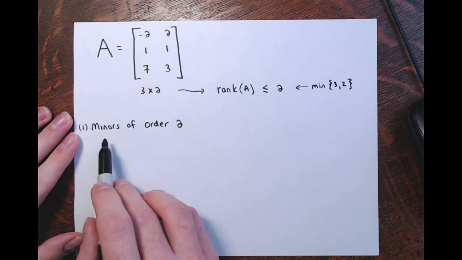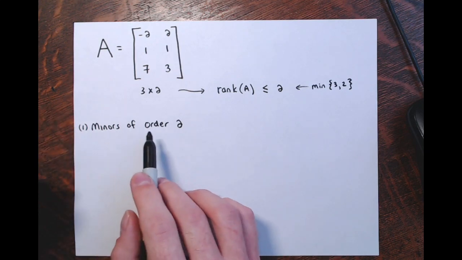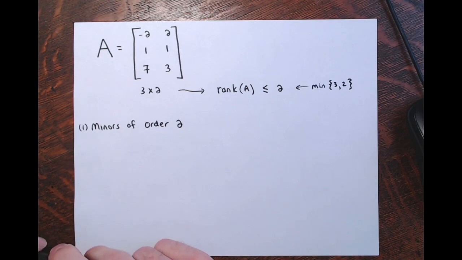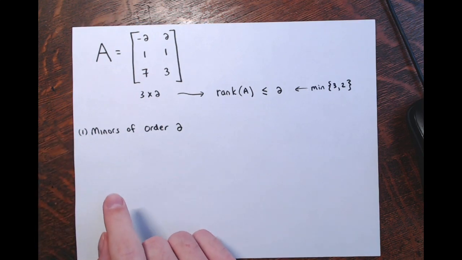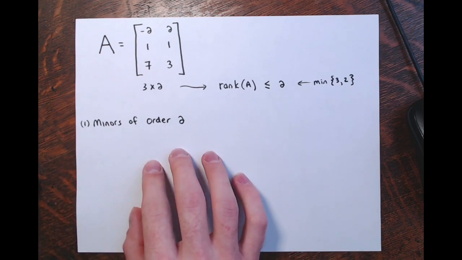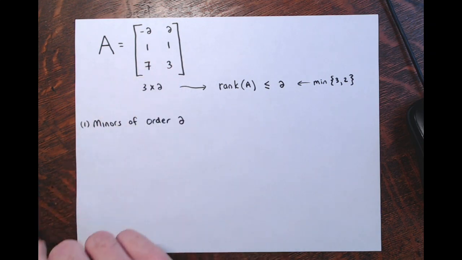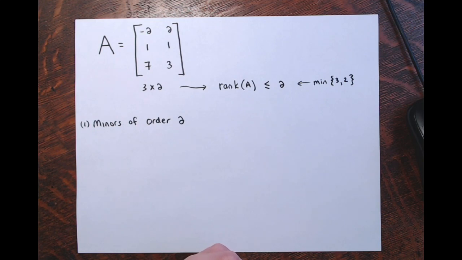Remember, a minor of order K is the determinant of a K by K submatrix. You can only find determinants of square matrices, and this is not a square matrix. But there are submatrices within it that are square.